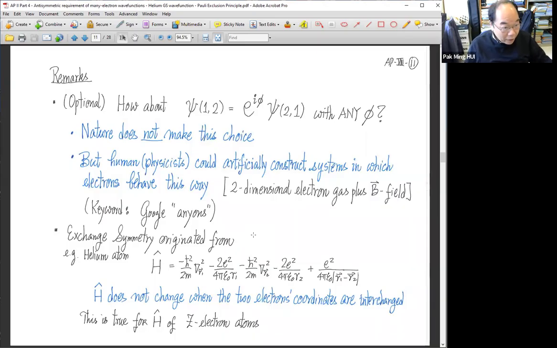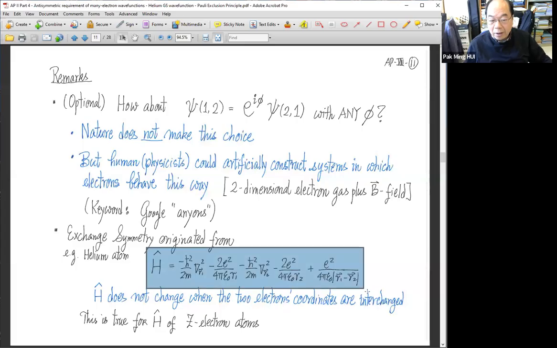Another point I would make in this optional remark is that if you look at the helium atom Hamiltonian, you already start to see that there is something related to interchanging of the two electrons. Imagine you replace all the r1 by r2 and r2 by r1. We see that this Hamiltonian of a helium atom has not been changed.